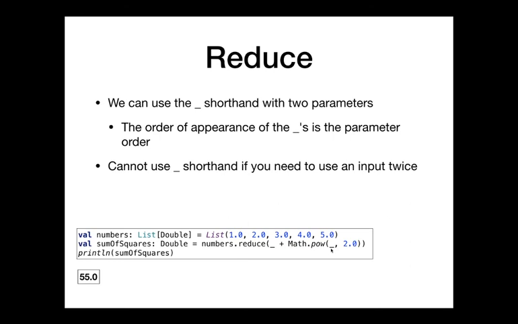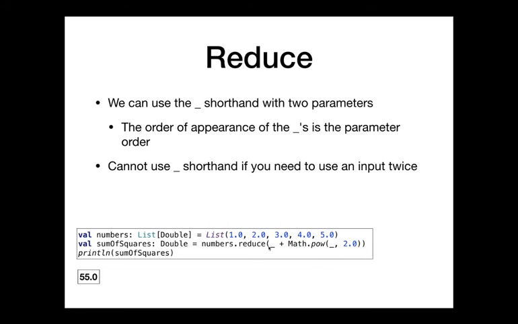Because if I have three underscores in this function, how does Scala know if I'm trying to use the first parameter twice, or if I'm using the second parameter twice, or did I actually mean a function that takes three parameters? Scala's going to assume that I meant a function that takes three parameters in that case. So this is the way it's set up. That's the way we'll use it if we want to use this shorthand.